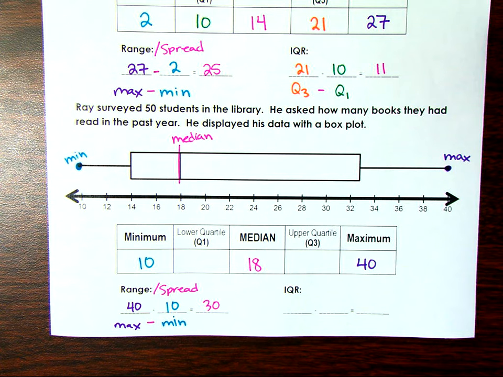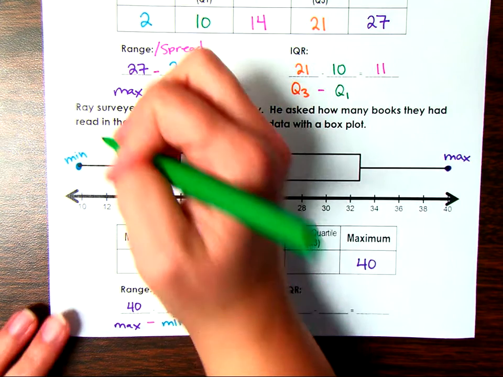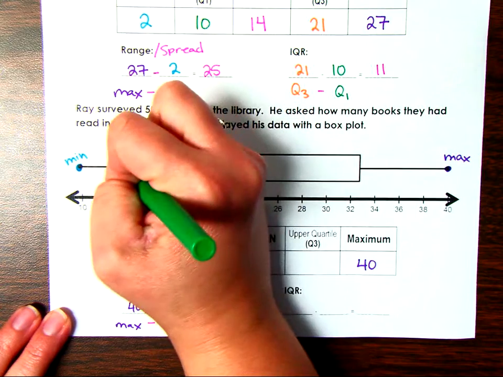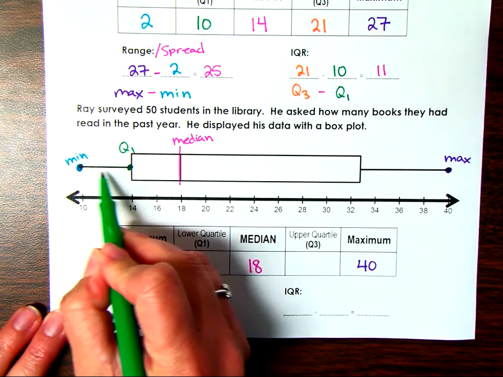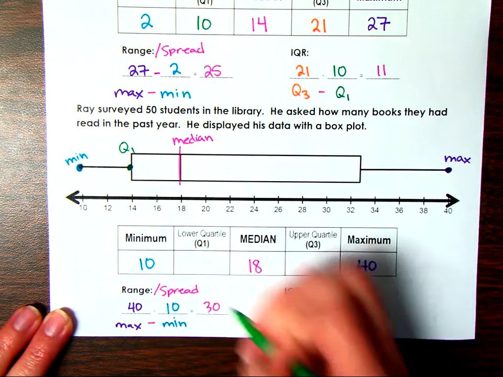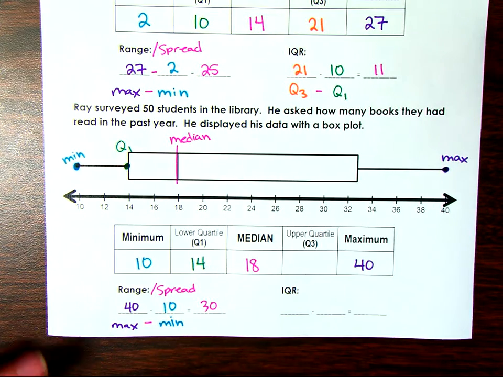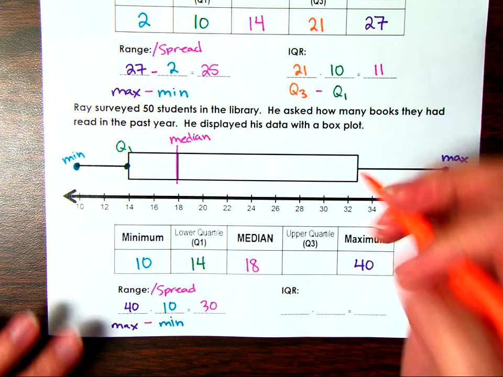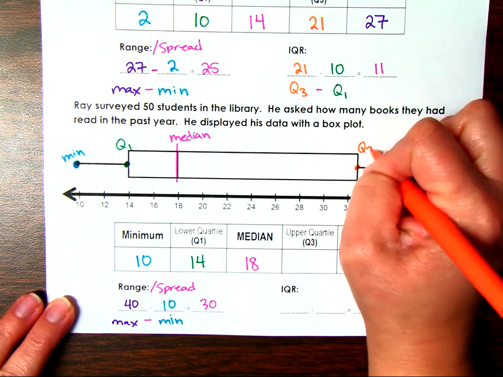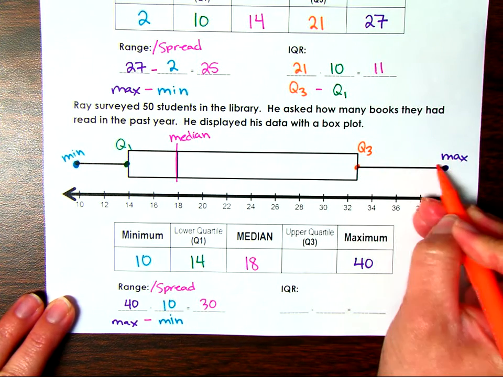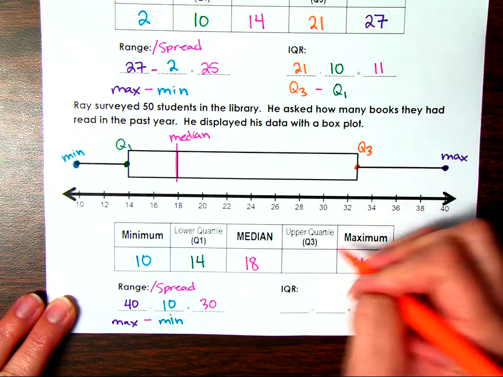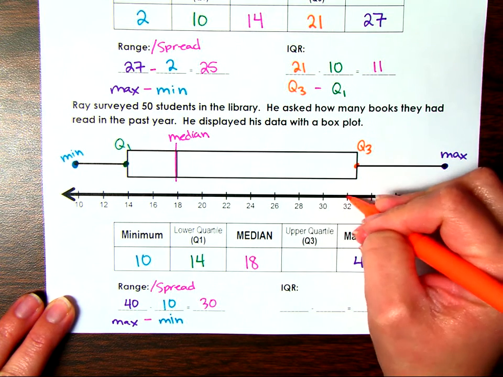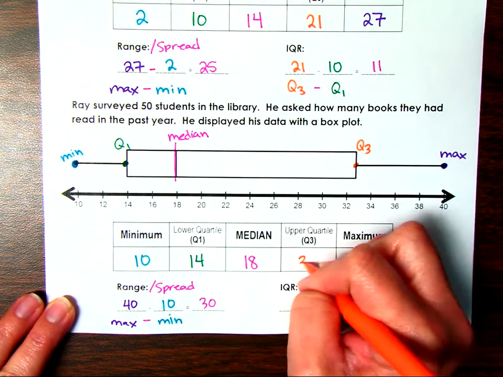Let's say the lower quartile right here. That means 25% of your data, your first quartile, would be 14. Then your upper quartile is going to be that end of the box, quartile 3, that end of the box to your maximum. This is 32, so we'll say 33.